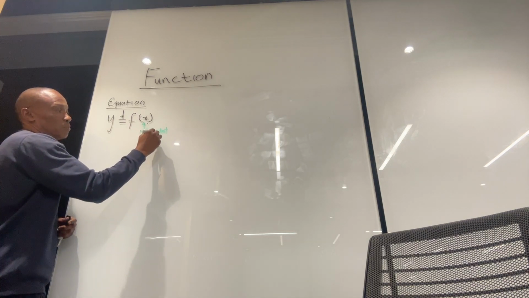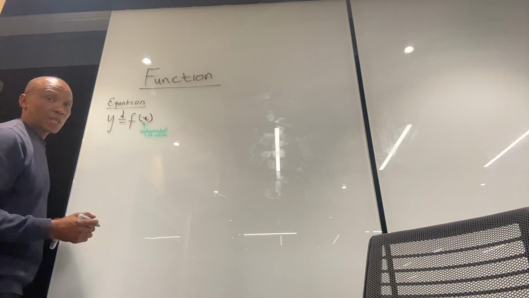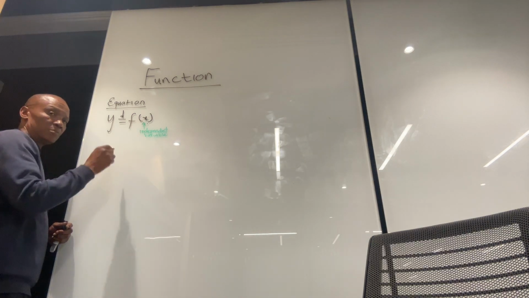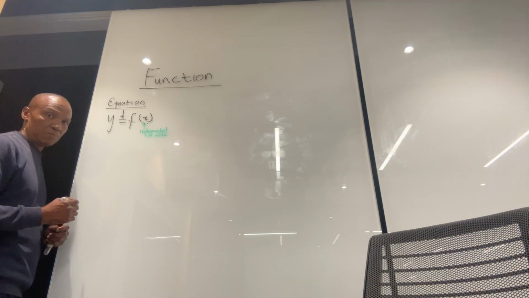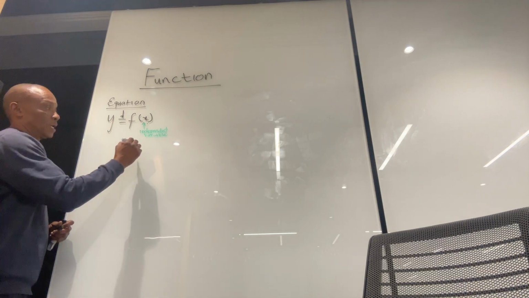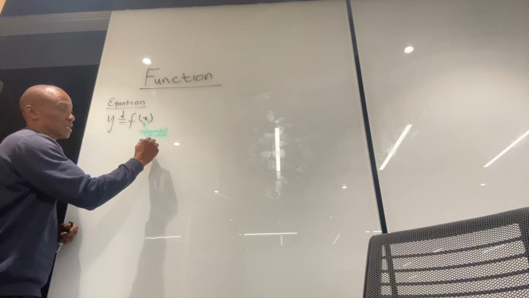It's a variable, meaning you can choose it independently. It exists in what is called the domain. All this will make sense in a bit.